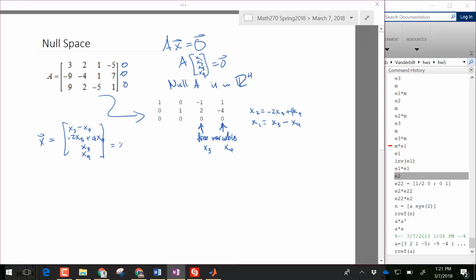A vector that's being multiplied by the scalar x3, which is 1, minus 2, 1, and 0. And then you have another vector being multiplied by x4, with coefficients negative 4, 4, 0, and 1. So these two vectors span the null space.